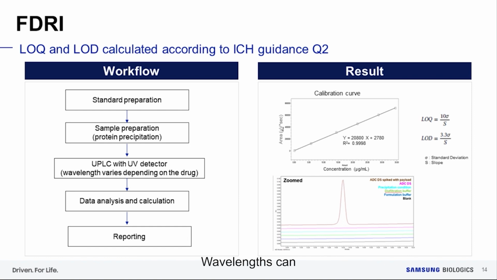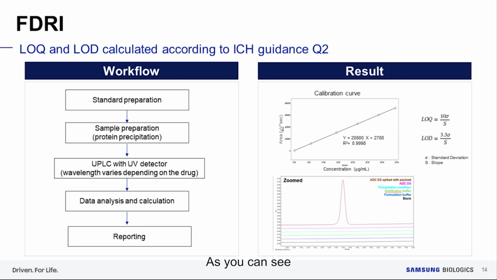And wavelengths can vary depending on the drug because different types of payload will be used depending on the product. So after that, data calculations through software and result will be reported. The right side shows the result of the free drug method.